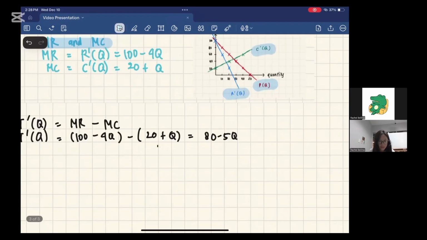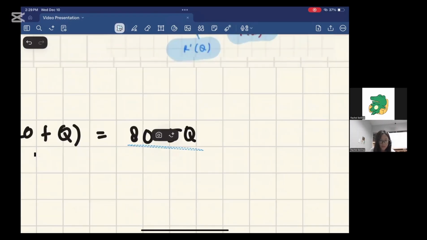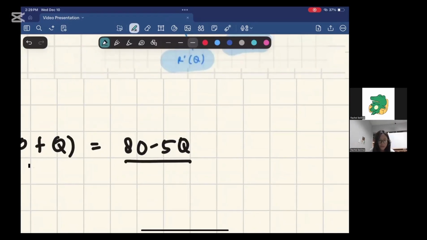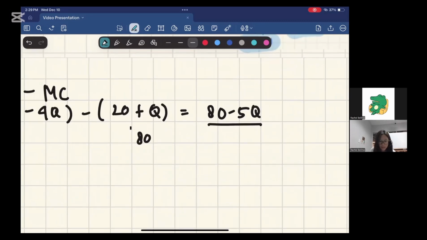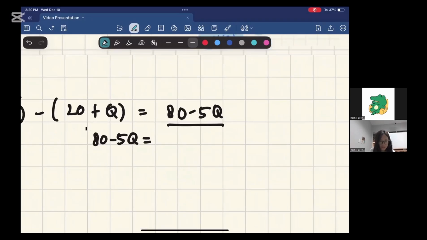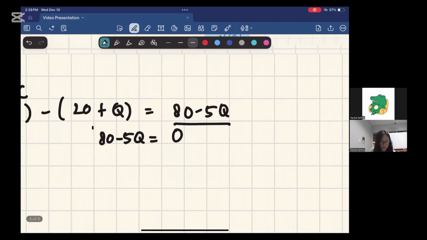Next, we need to set this equal to 0. So 80 minus 5Q equals 0, and Q is 16.